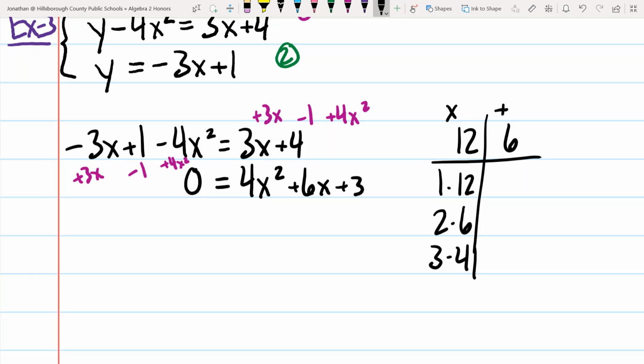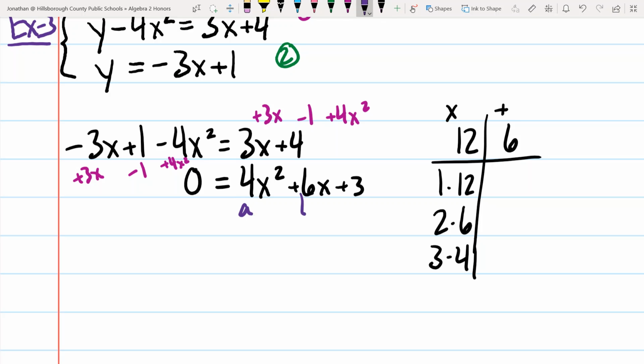3 and 4. You know, this is one we actually might want to use the quadratic formula for, because it doesn't look like we can find any factors that are going to give us 6. So we're going to have a weird answer for this one. But that's okay. Let's see what happens. Now, if it's not factorable, that also might mean that these two don't intersect. Food for thought.